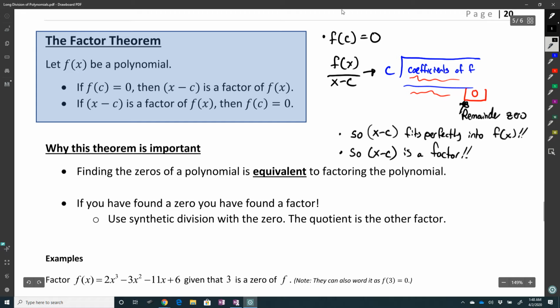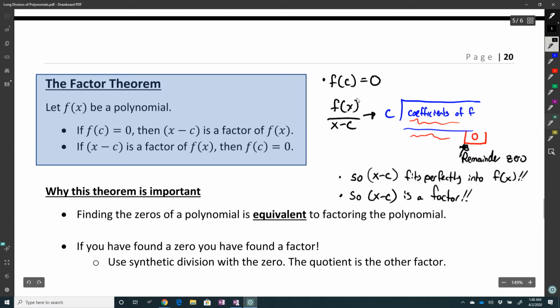It's saying if you have an x-intercept, and remember that they could be imaginary, but for now let's just say that they're x-intercepts. If you have an x-intercept, that means that when you plug it in, the answer is 0. If the answer is 0, the remainder theorem tells us, well, the remainder is 0. If you divide by x minus c, the remainder is 0.